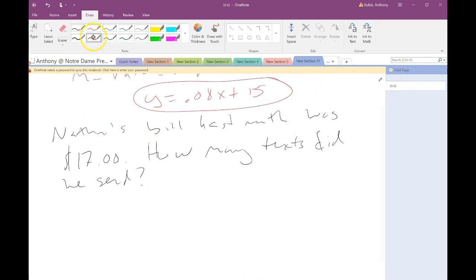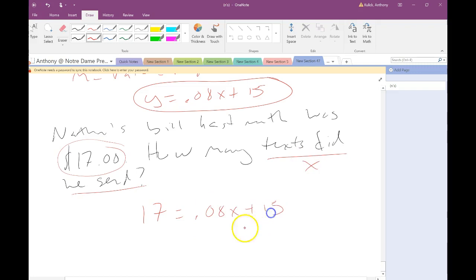So we could ask you to do something like this. The 17, what is that giving us? That's a Y value. And how many texts did he send? What are we looking for? X. So it's literally just solving this thing.